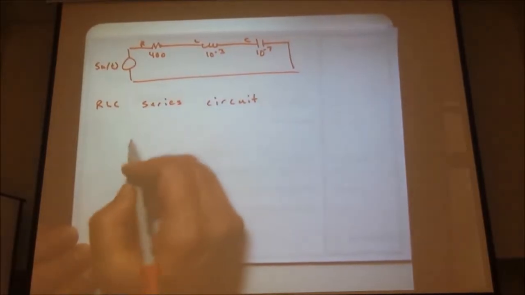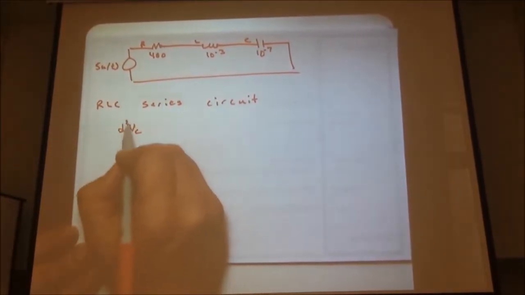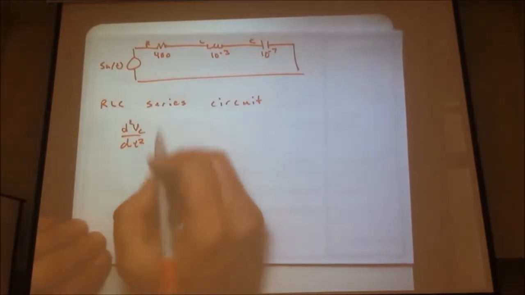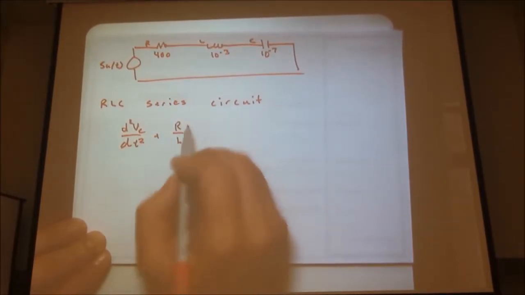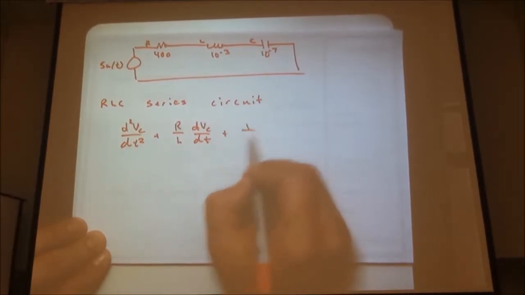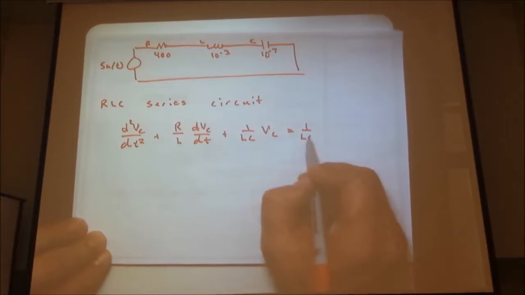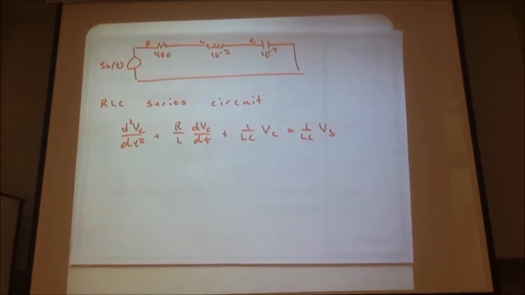And you are, of course, invited to derive the differential equation yourself. But me personally, let's say we're looking at the capacitor voltage. We'll start there. We'll look at the resistor and the inductor as well. This differential equation has this expression. In this case, the source is 5, and so this is a familiar form.